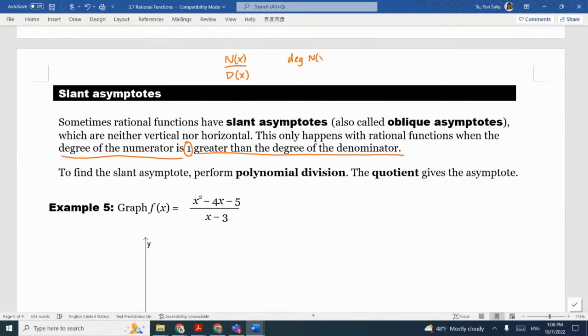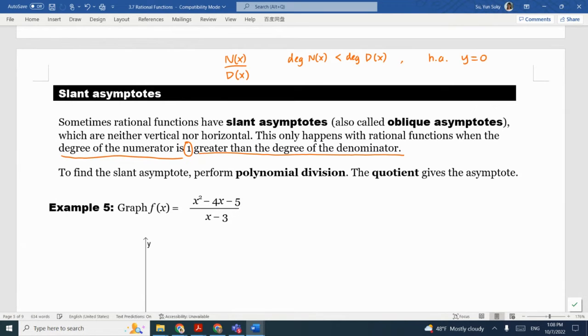If the degree of the numerator is less than the degree of the denominator, then we know we have a horizontal asymptote, y equals 0, because your denominator is bigger. So when x goes to infinity, 1 over infinity is 0.